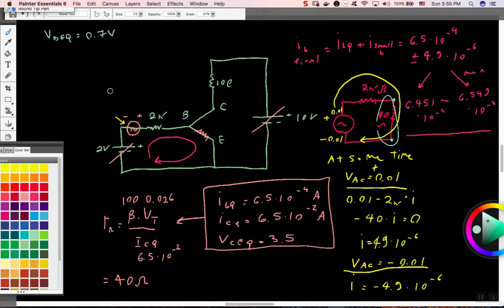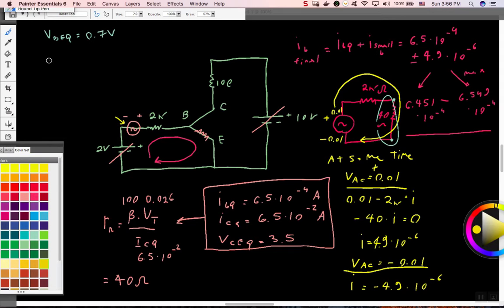So let's see. What would be the maximum voltage across the 40 ohm resistor?